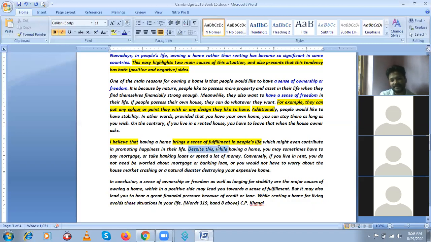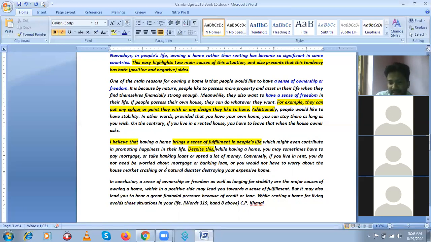And the negative aspect: despite this, now another point is going to contradict this. While having a home is a good thing, you may sometimes have to pay a mortgage, or take banking loans, or spend a lot of money.